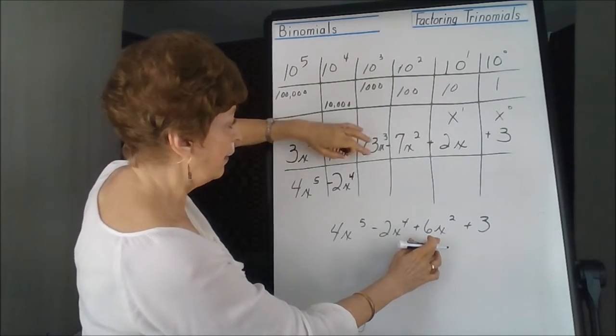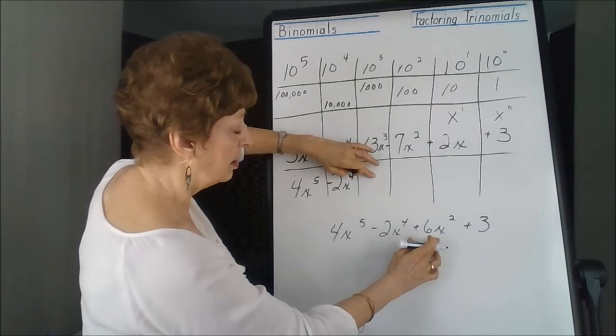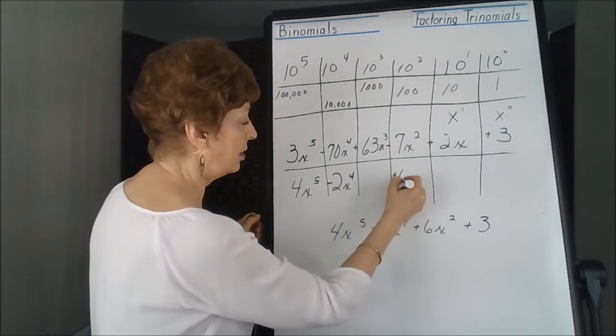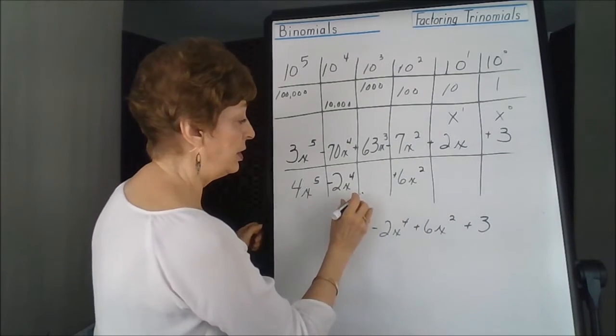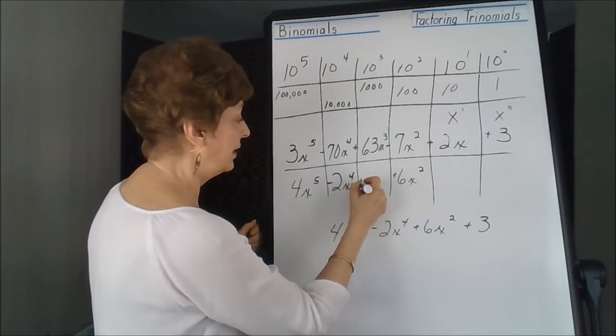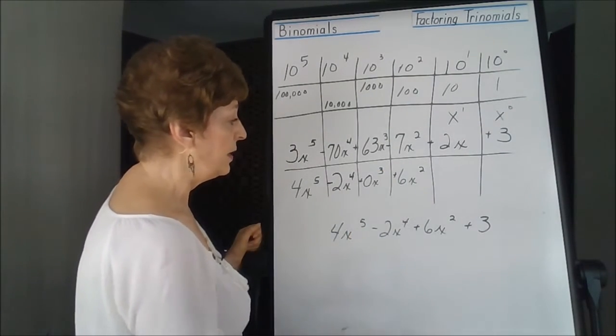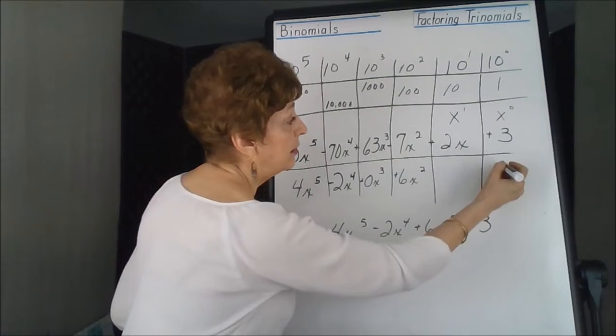Then we have no number in this column at all. So the x to the second has to be placed here. You would basically have +0 to the x cubed if you wanted to fill it in. And then +3 belongs here.